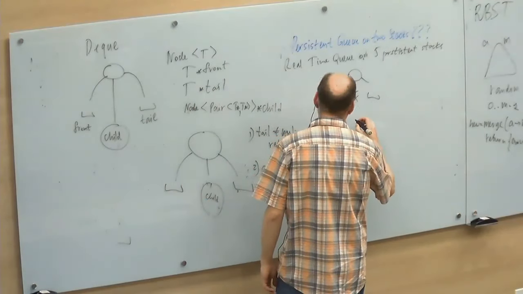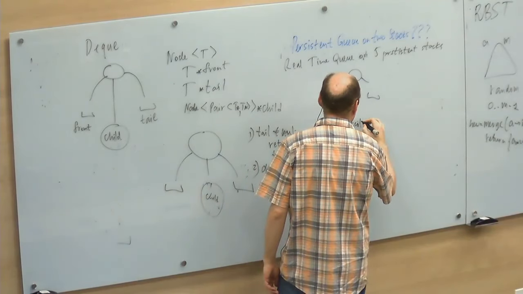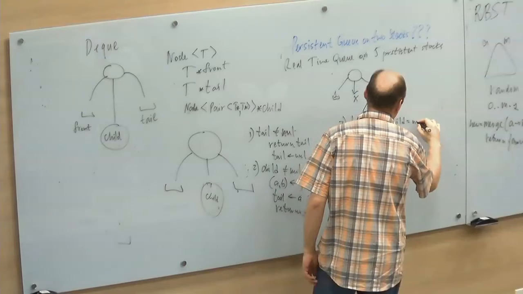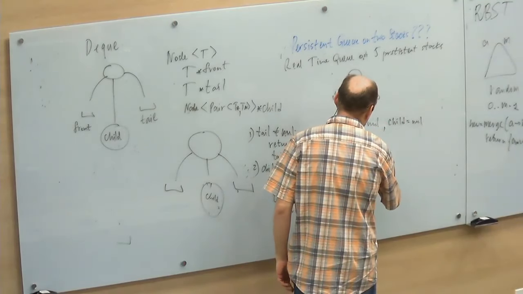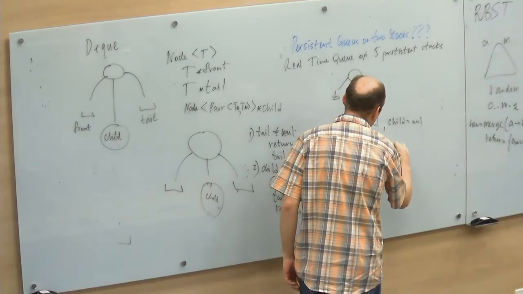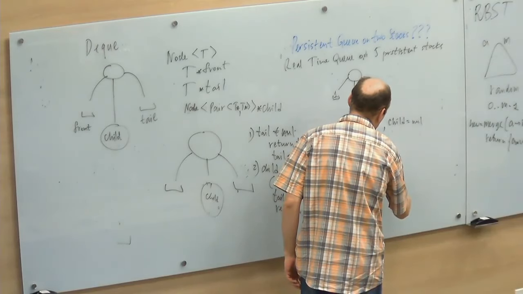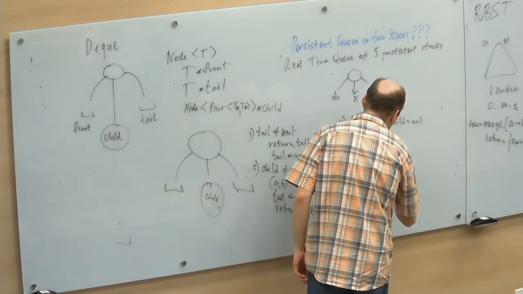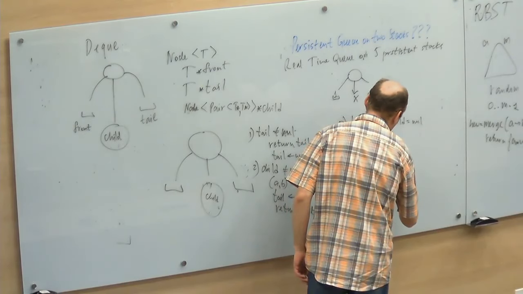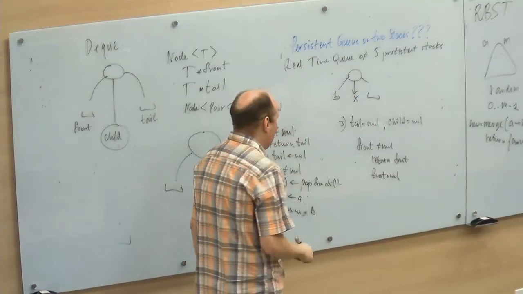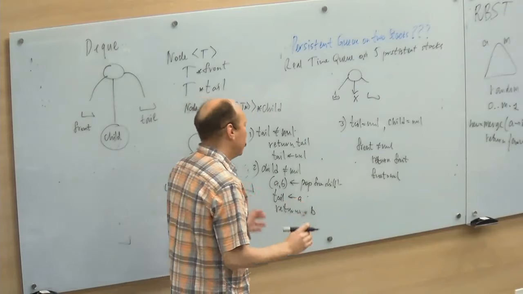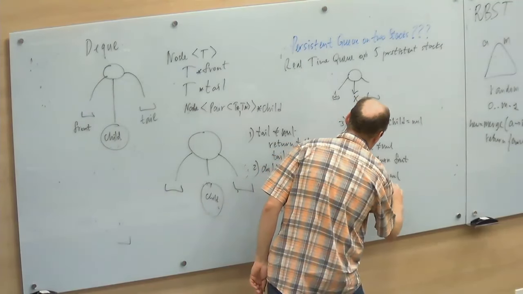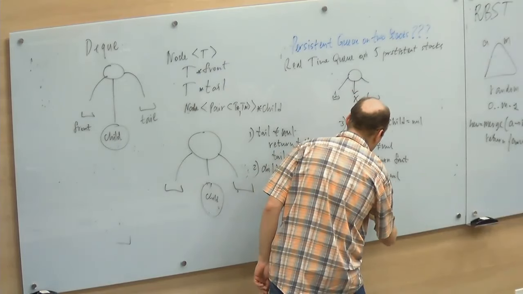So if front is not null, we return front and set it to null. And if front is also null, well, we are empty.